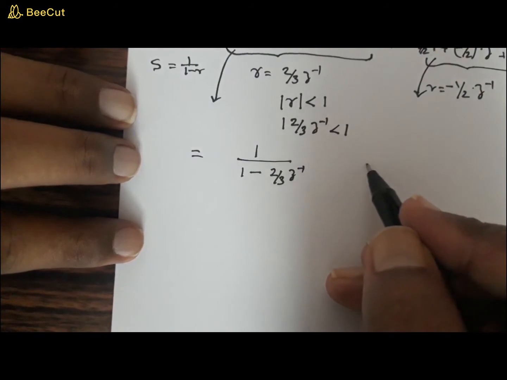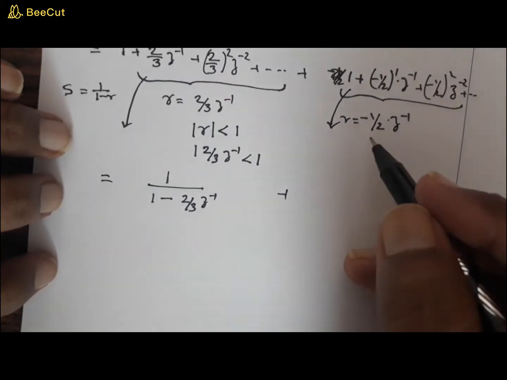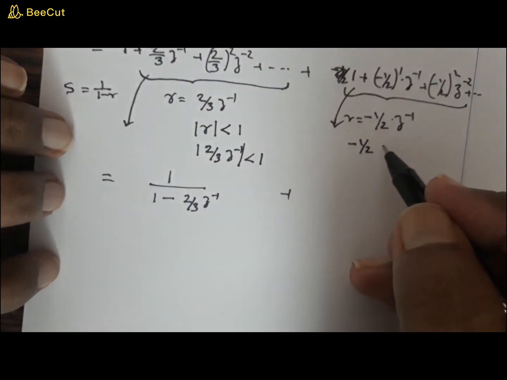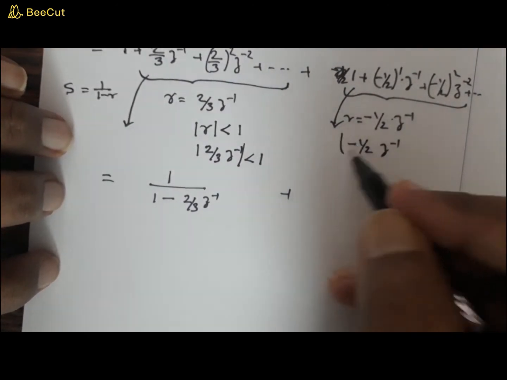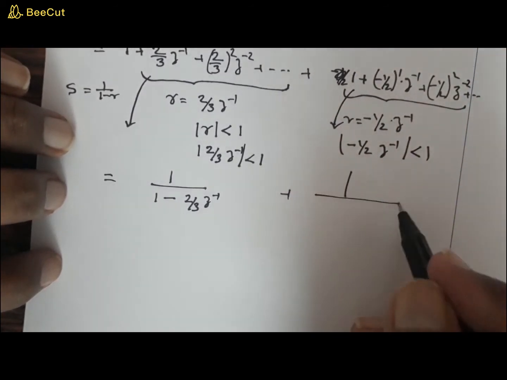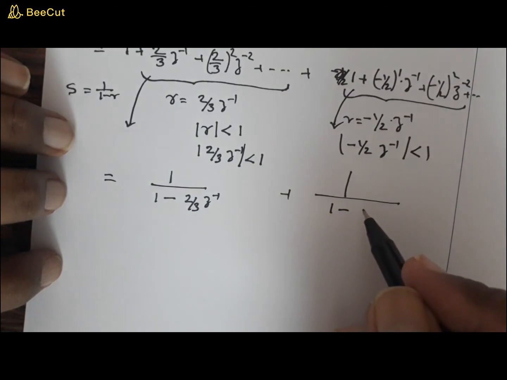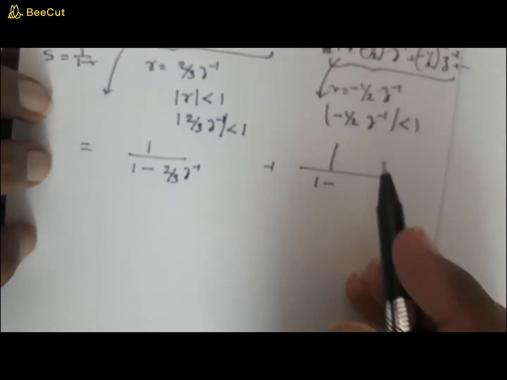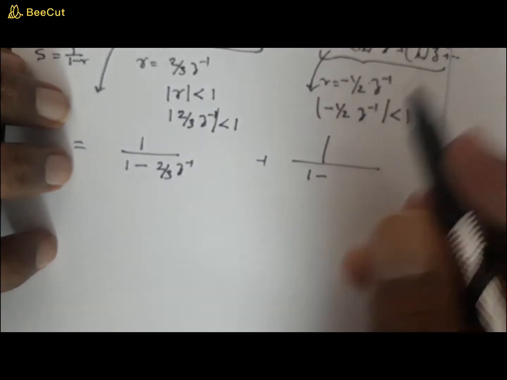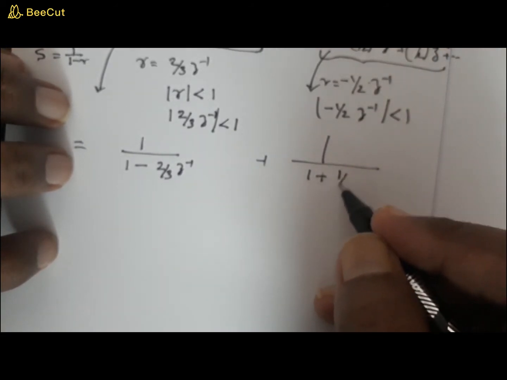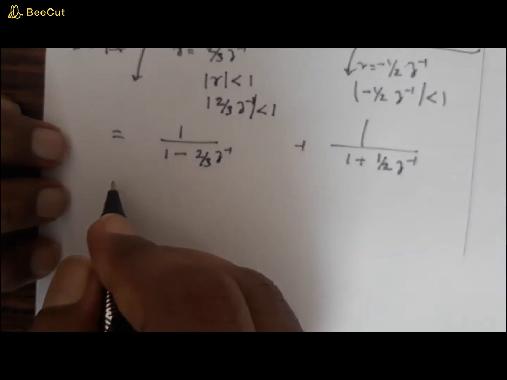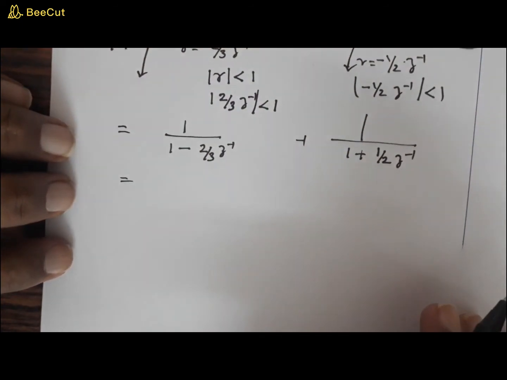Then plus, what about this? This is also, if you put modulus half z^-1 less than 1, this geometric series also converges to 1 by 1 minus the common ratio, and the common ratio is minus half z^-1, so that becomes plus half into z^-1. Okay, now you can have a manipulation of that.